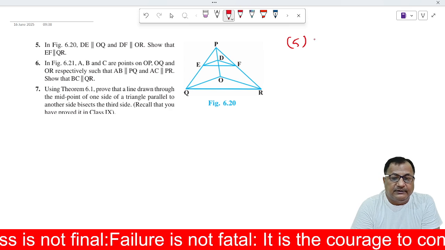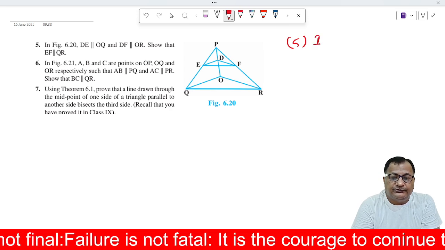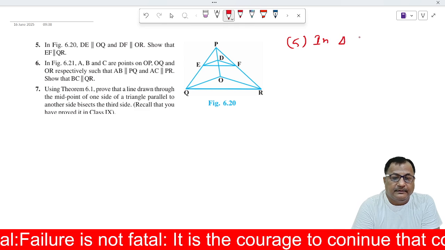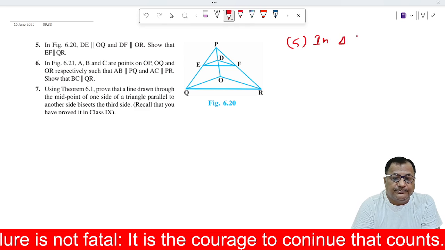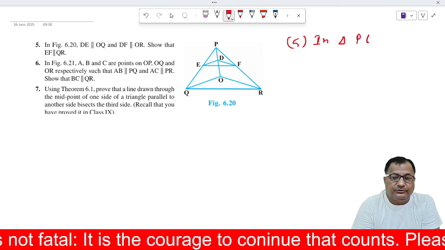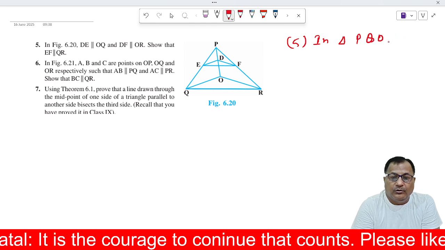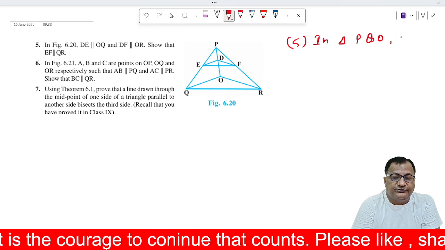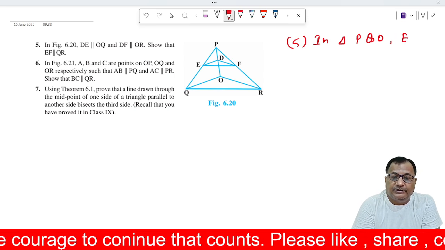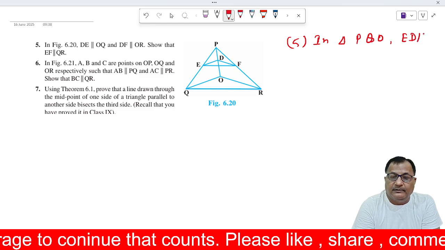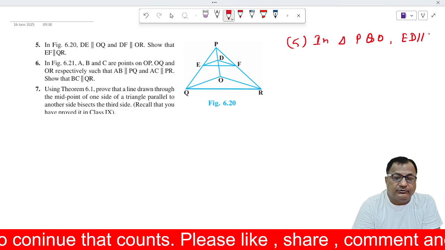So in triangle PQO, given this is DE parallel to QO.